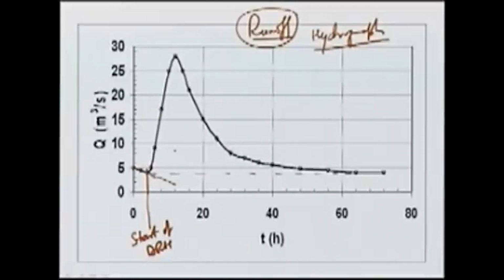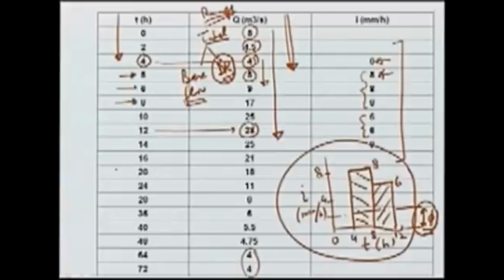So, we will be using a method in which from the peak we take a distance of n, where n depends on the catchment area. In this case, let us say that the catchment area A is 30 square kilometers.